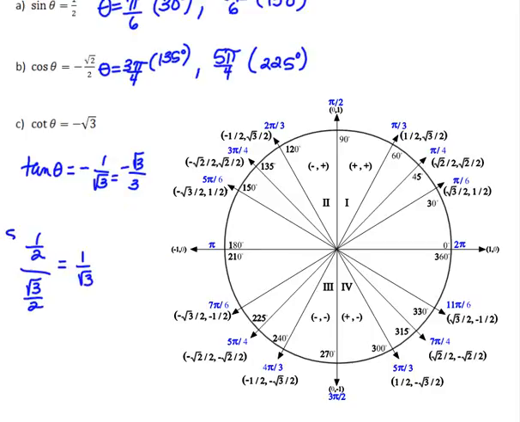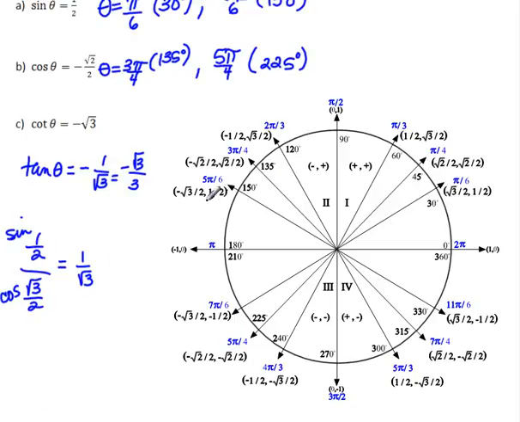So this is where we need sine to be 1/2 and cosine to be square root of 3 over 2. And we also need it to be negative. Well, tangent is negative in quadrant 2 and quadrant 4. It's going to be positive in quadrant 1 and 3. So we can have an angle in quadrant 2 and an angle in quadrant 4 where the sine is 1/2 and the cosine is the square root of 3 over 2.